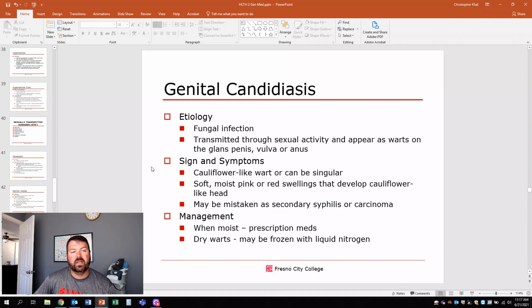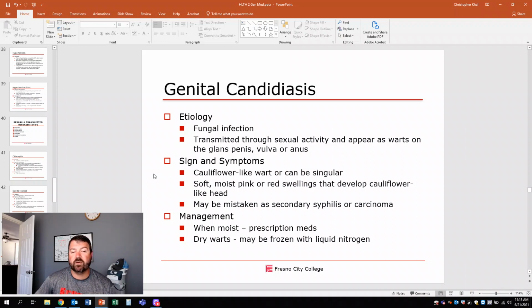All right, genital candidiasis. So this is a fungal infection transmitted through sexual contact and appears as warts on the glans penis, the vulva, and anus. Signs and symptoms: cauliflower-like wart, or it can be singular.